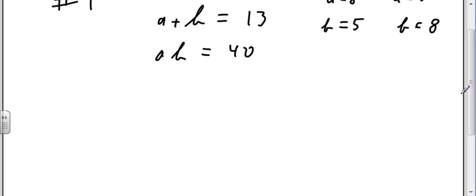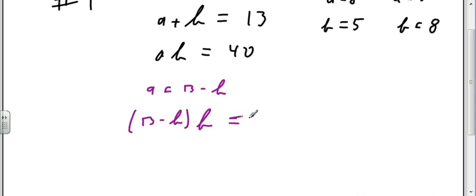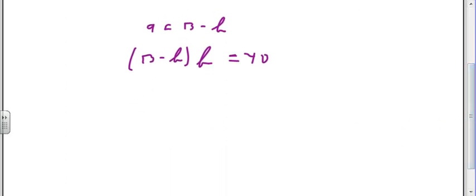If I wanted to do it differently than just look at it and know the answer, I'd say that A is equal to 13 minus B. And then I'd say 13 minus B times B is 40. Then I'd have minus B squared plus 13B minus 40 is 0.